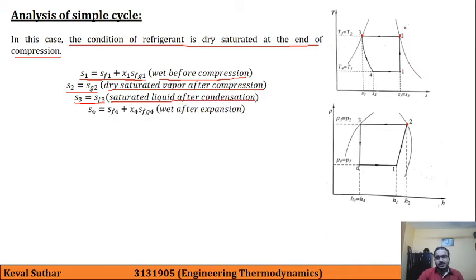And the fourth one is S4, that is, for point number 4 here. The value of entropy is very similar to this, because both are in the liquid plus vapor region, point 1 and point 4. So S4 is equal to SF4 plus X4 SFG4.